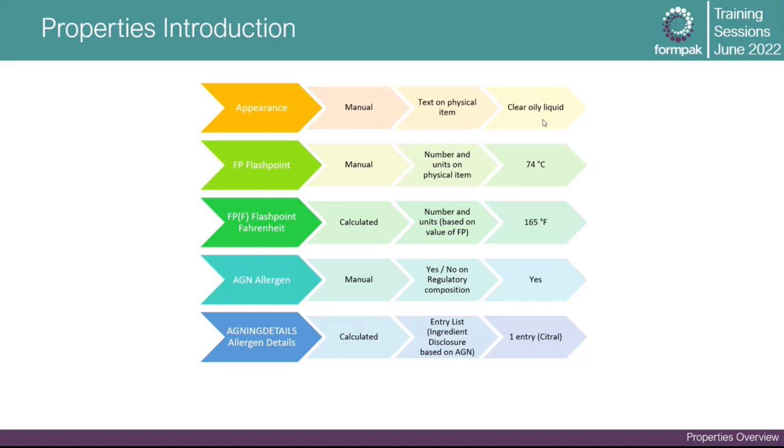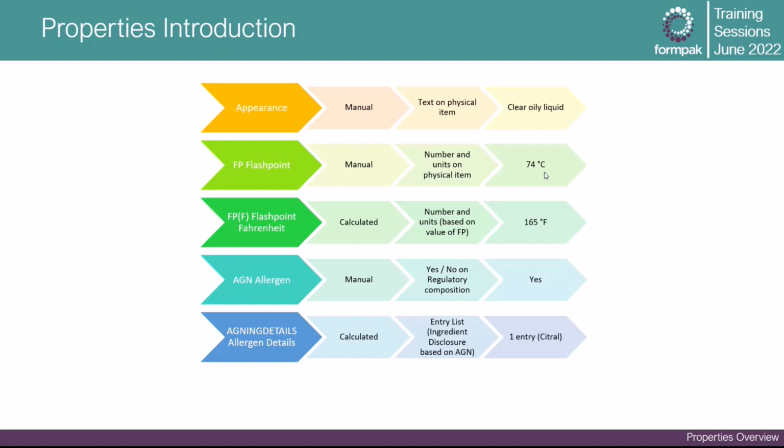Then we have another manual property, flashpoint in centigrade, and in most people's systems it's this way around, so people would measure the flashpoint on a physical product and then add that into the system. This property is set up to be a number with units, and it's based on a physical item, because it's a physical test. An example of that information would be 74 degrees C, as we can see here.